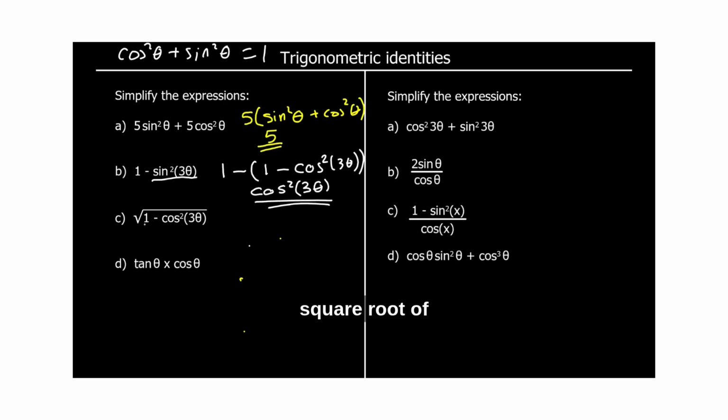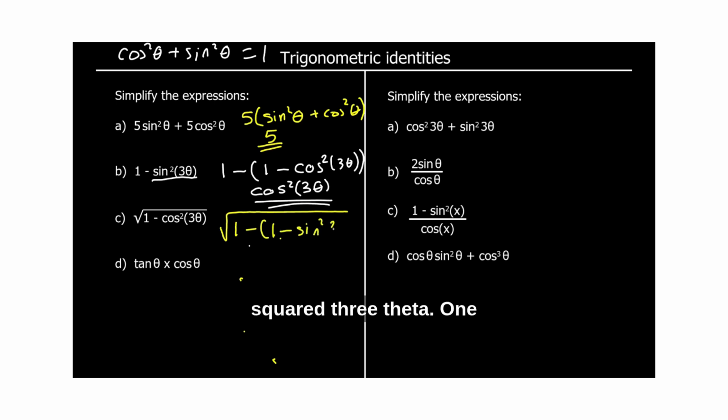Part C, square root of 1 minus cos squared 3 theta. So again, we can do exactly the same thing. Cos squared 3 theta can be changed into 1 minus sine squared 3 theta. So we've got 1 minus, 1 minus sine squared 3 theta. 1 minus 1 is nothing.